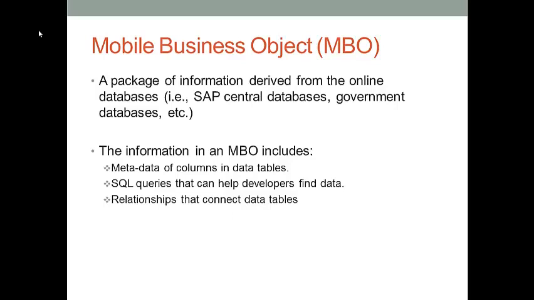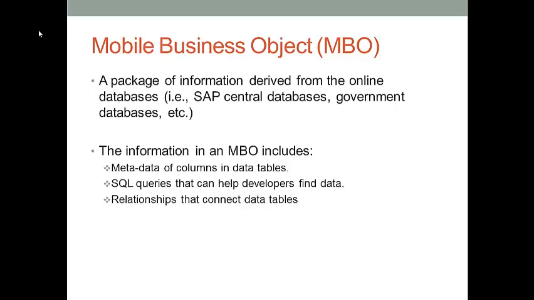Here, let me give you an overview of the concept MBO. An MBO is a package of information obtained from the online databases. The databases could be SAP central databases, or could be some other online databases from the government, from third-party websites, and so on and so forth.